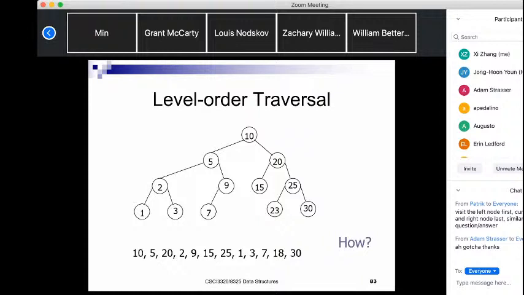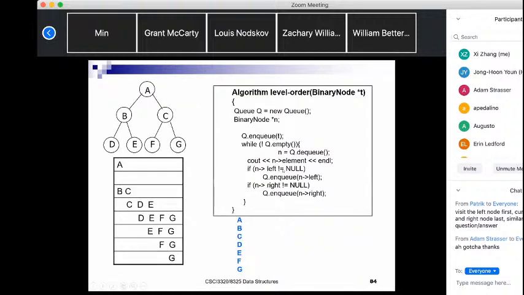So the example code is given here. This is what you need to implement for the programming assignment, and you don't need to implement the queue. You can just use the standard Java library queue data structure for the programming assignment.